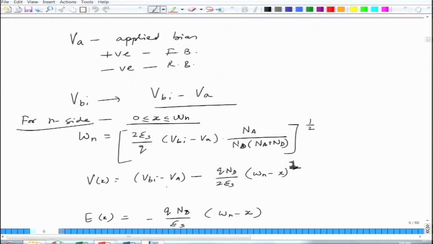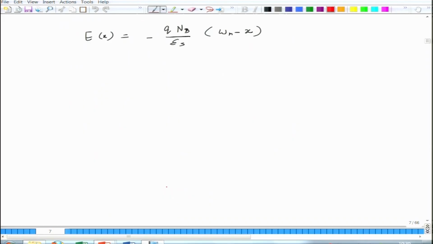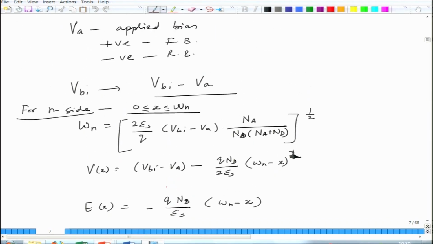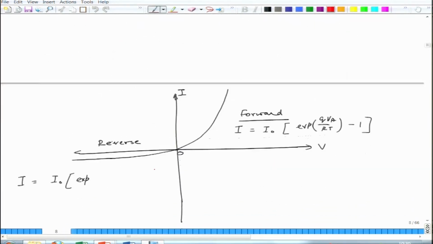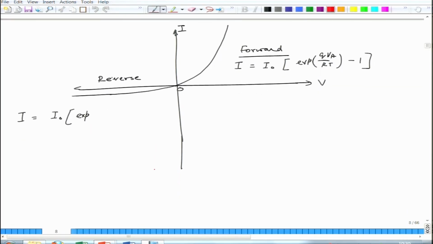So, you can modify this equation accordingly, just replace with VBI minus VA, and this has implications in terms of both electric field and potential. And in case of current and voltage characteristics, what you have is an exponential increase in the current in case of forward bias, and in case of reverse bias you have very low current.